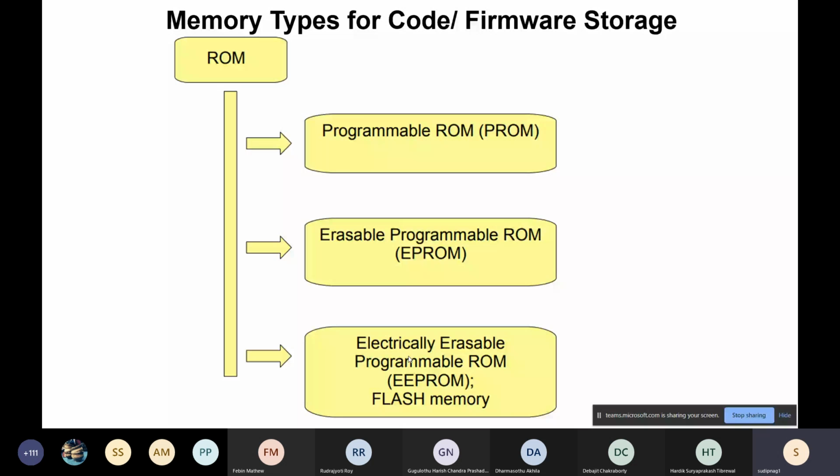Rather, it can erase or delete the memory contents by using simple electrical pulses, a combination of voltage and current. This was a major breakthrough during the late 80s, early 90s. This was a topic of research at that time.